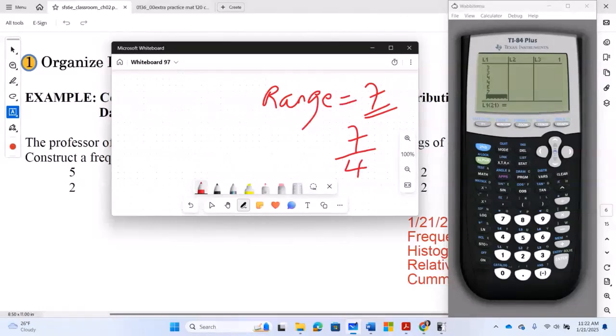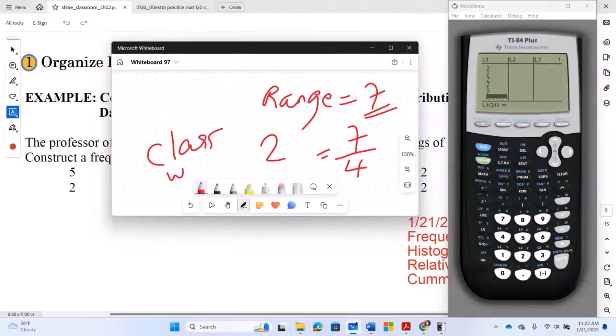I get 1.75, but this number is going to be the class width, and it's not good for the class width to be a fraction. So I'm going to round it up to 2. Therefore, the class width of the frequency distribution I'm going to make is 2, the class width or class size.